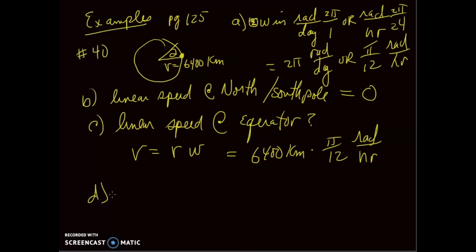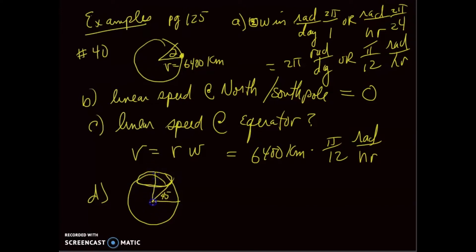Let's see here for part D. Linear speed halfway up the equator. So now we're looking at something with an angle of 45 degrees. And this will have a different radius.